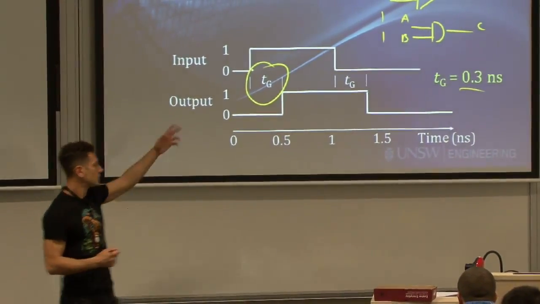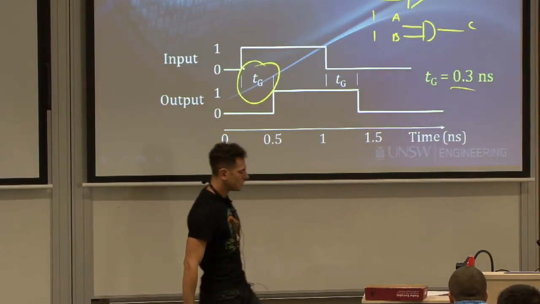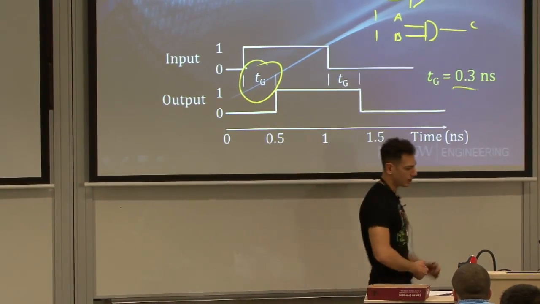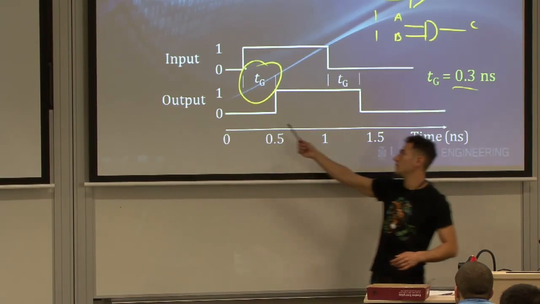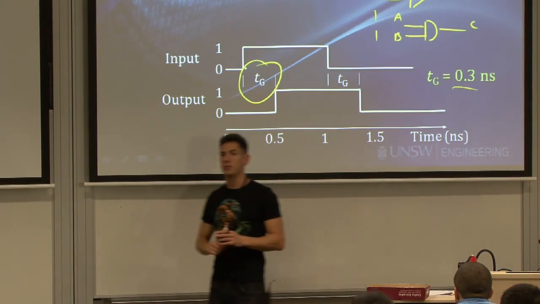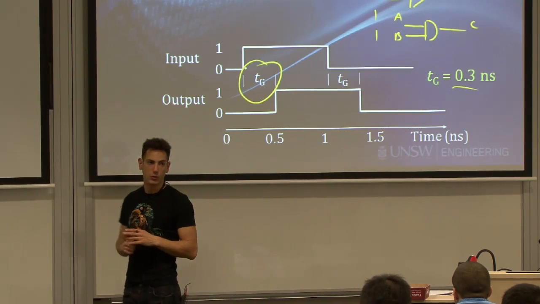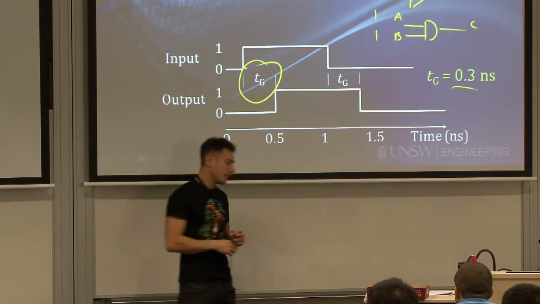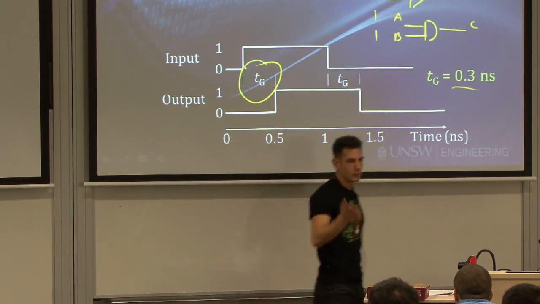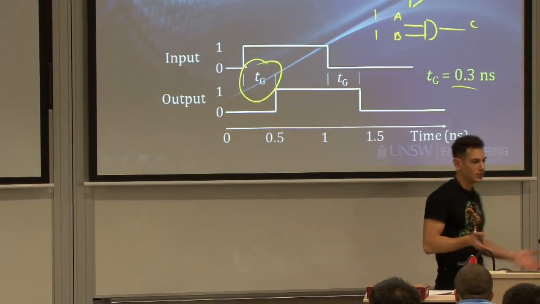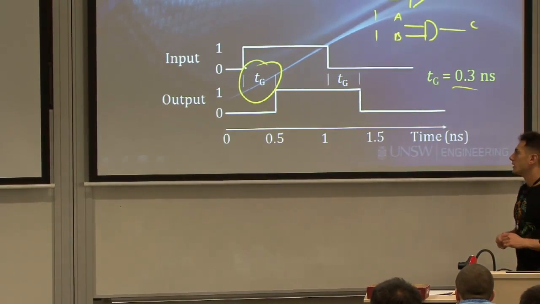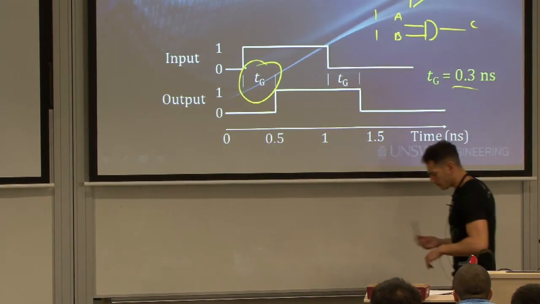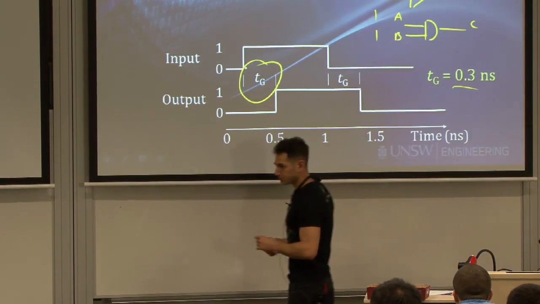So it might calculate which input change will produce the slowest output change, and give you that as the gate delay. Or this might be the average of all the different gate delays. But it does give you some figure, and obviously a data sheet for a gate will tell you what this number stands for. It gives you some good sense of the speeds you can work with this gate.